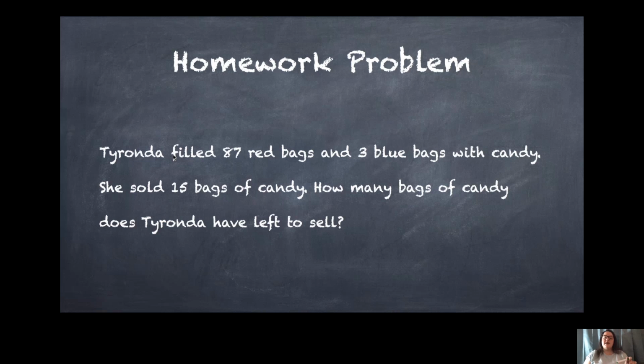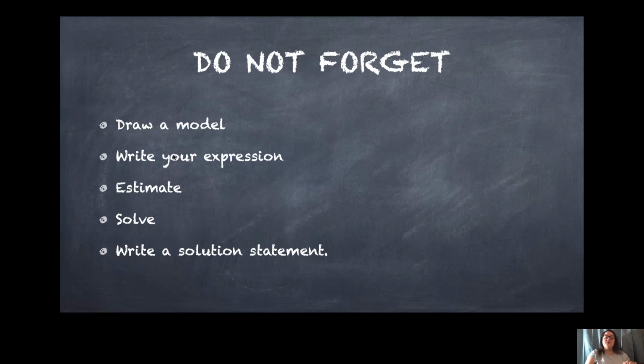Tyronda filled 87 red bags and 3 blue bags with candy. She sold 15 bags of candy. How many bags of candy does Tyronda have left to sell? And then do not forget, draw a model, write your expression, estimate, solve, and then write your solution statement.